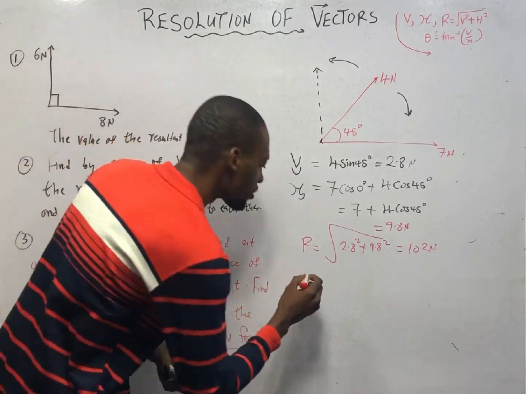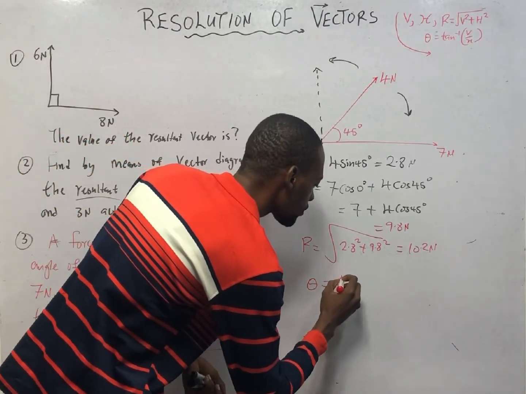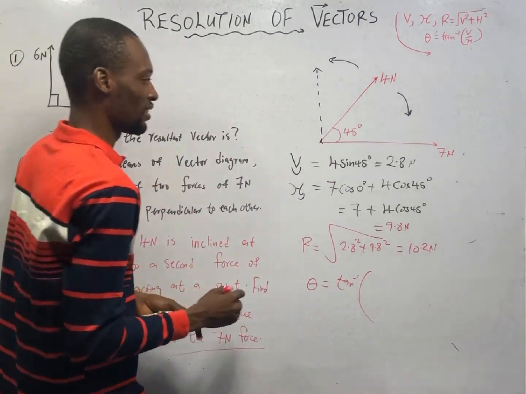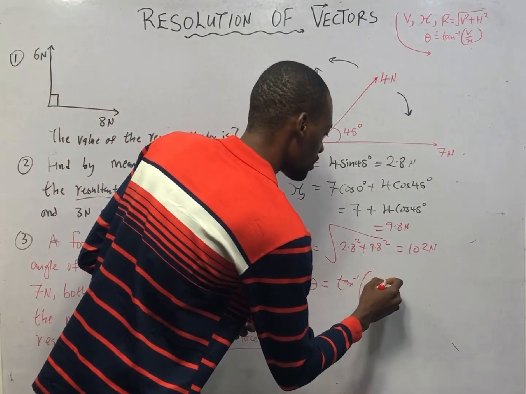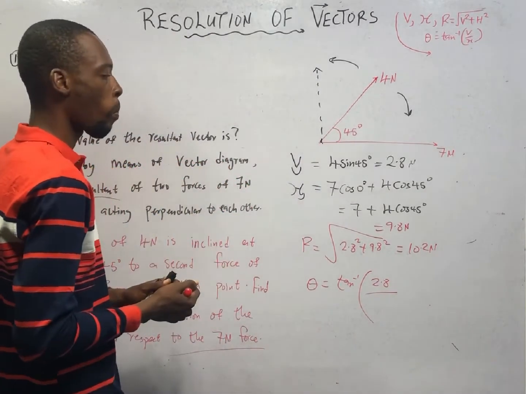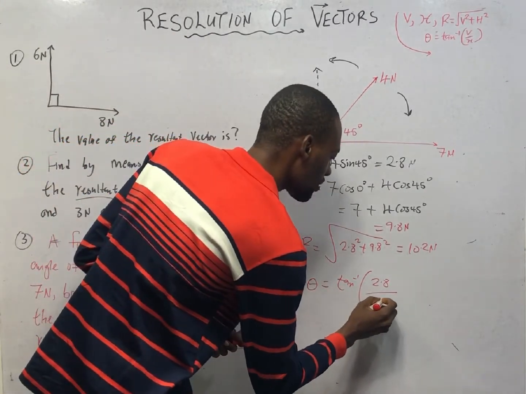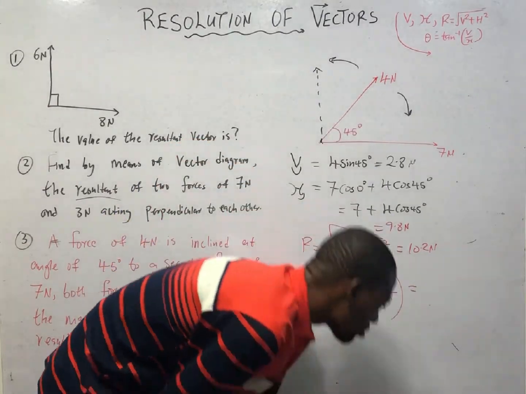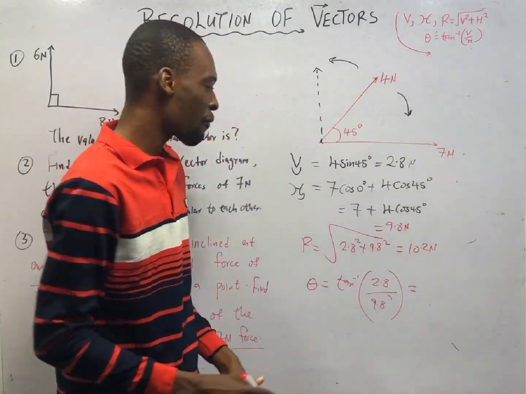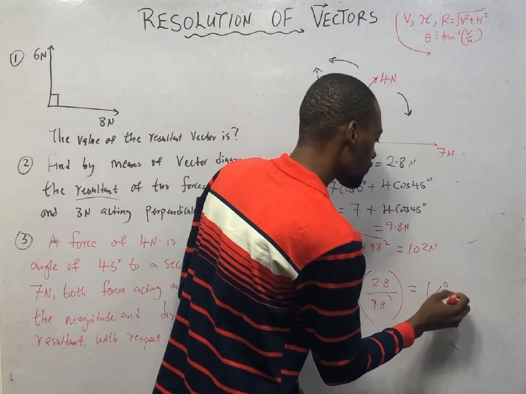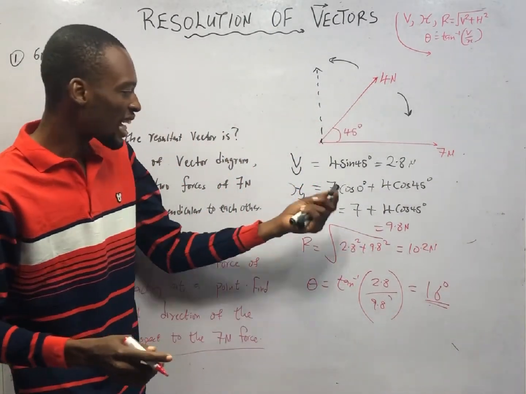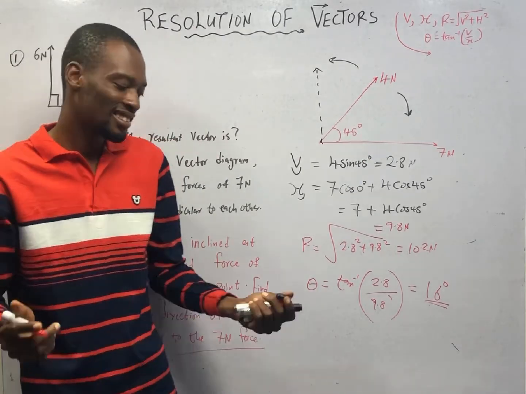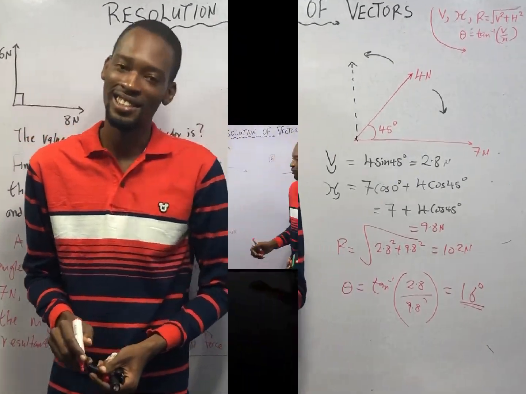And the direction, theta, is equal to tan inverse of vertical 2.8 over horizontal 9.8. So this should give you around 15.9 degrees, approximately 16 degrees. So that is it. The resultant 10.2 Newton and the direction 16 degrees.